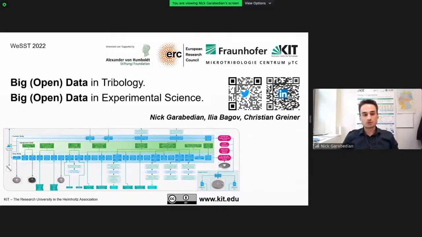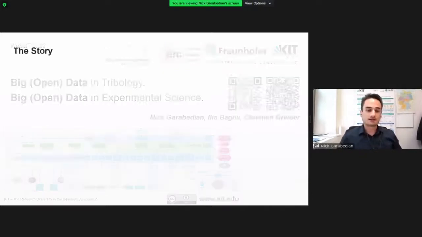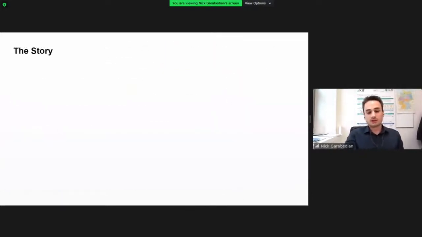So our journey to start dealing with big open data came from the desire to find a united solution to some of the existing and future challenges that we face. So the story goes the following way. For some time, we were wondering how can we become a next generation research lab, and we defined a few metrics through which we could achieve that.